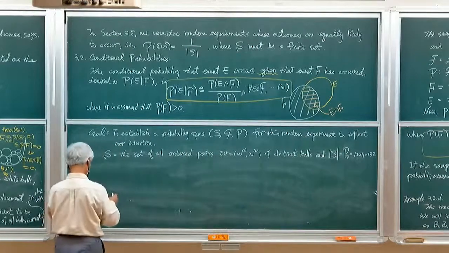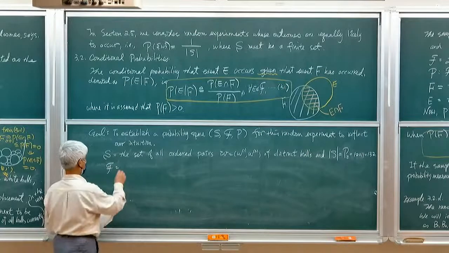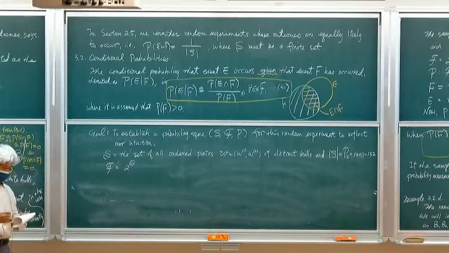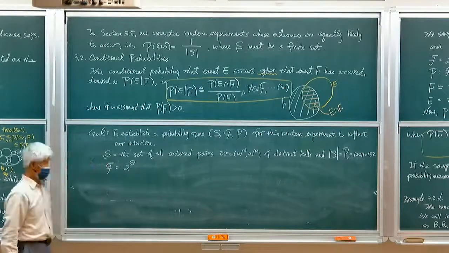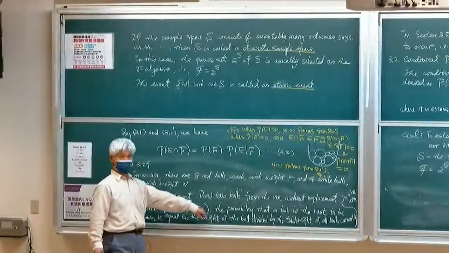So X is no problem, and because X is discrete, usually the sigma algebra is the power set. Now the problem is the probability function, because that intuition is about the probability function.